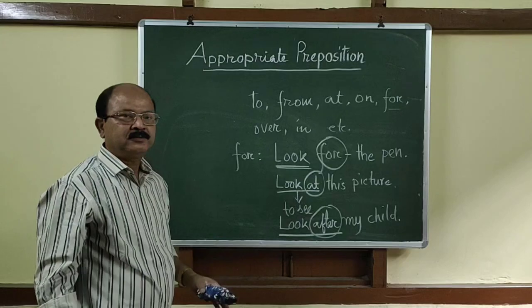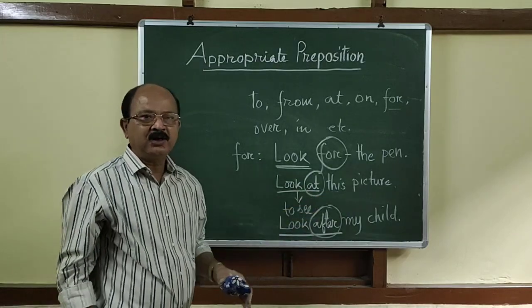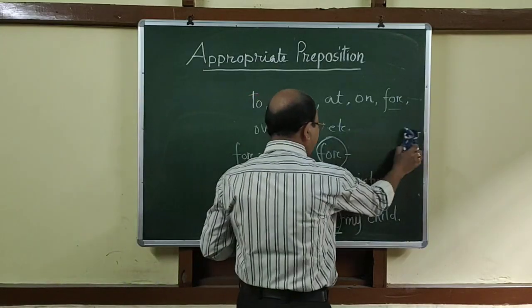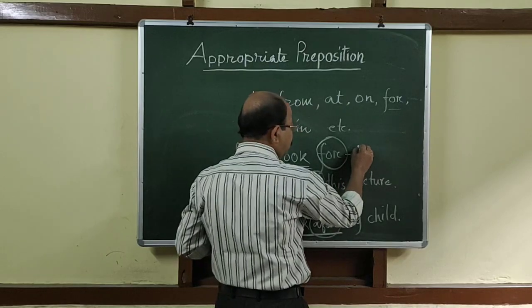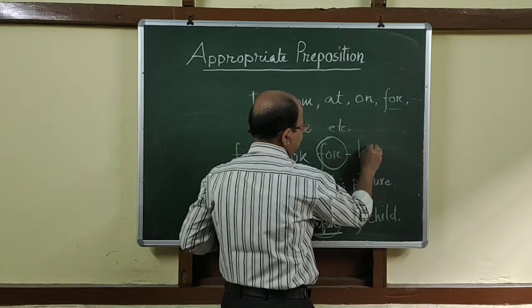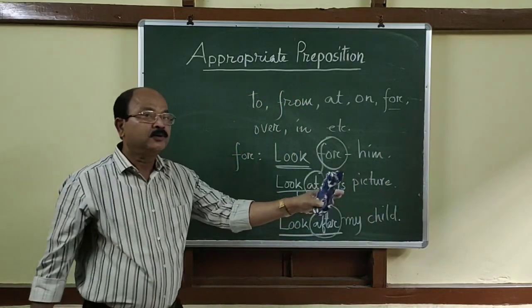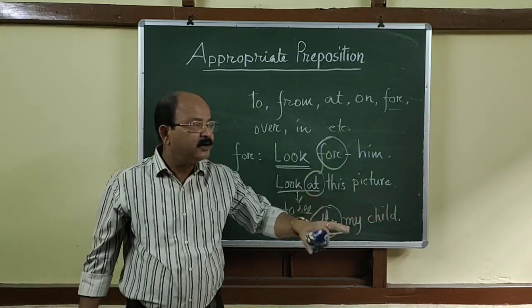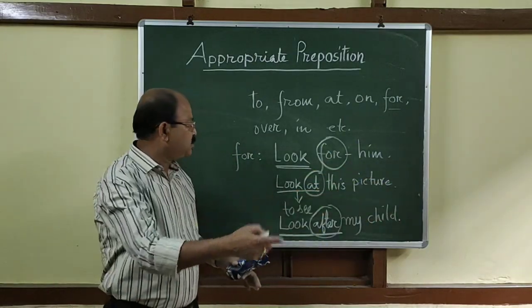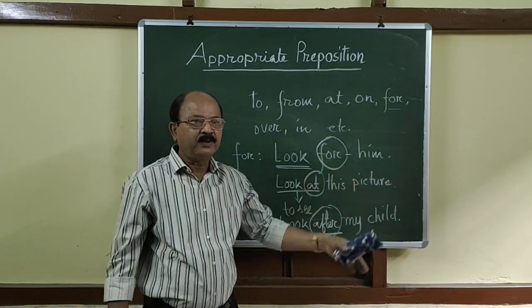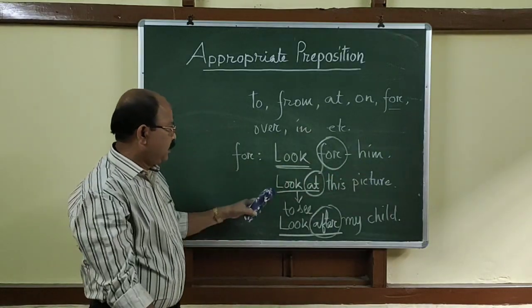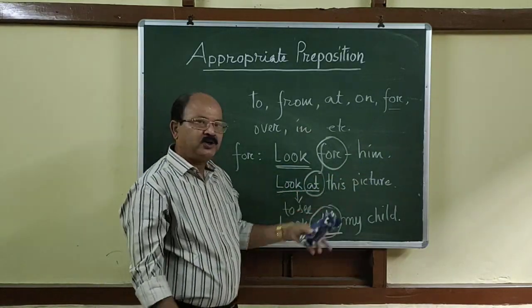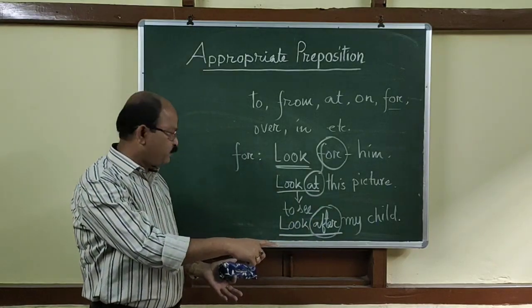That means search for the pen. Or look for him, that means where he is, let us find him. So I may ask someone, look for him. That means search for him. Now look at this picture, that is already explained.